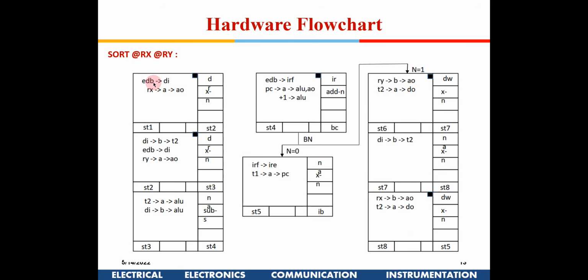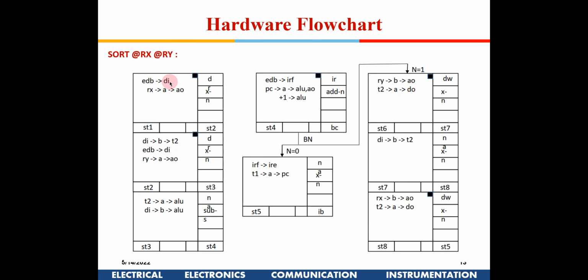Now if you see here, EDB from Rx, the memory address is given in Rx, that you are getting into the AO register. Once you get it into the AO register, the contents of that memory will be placed in DI.